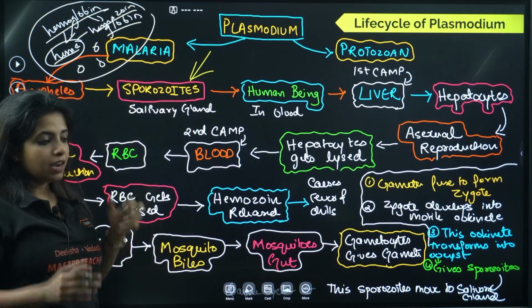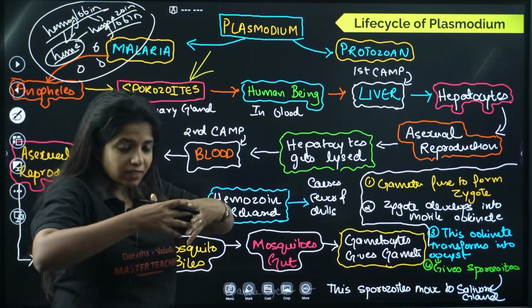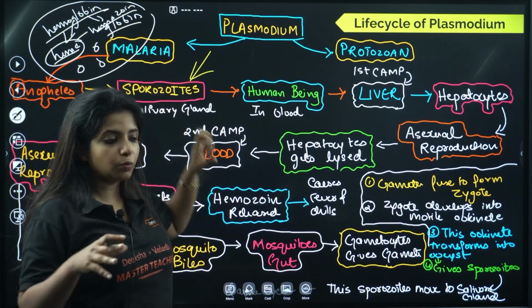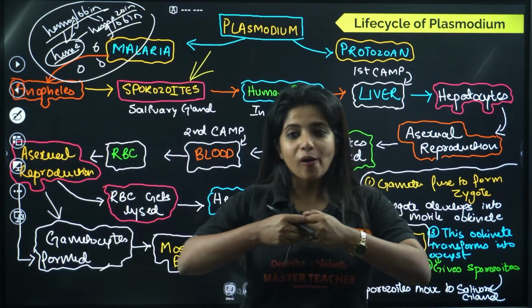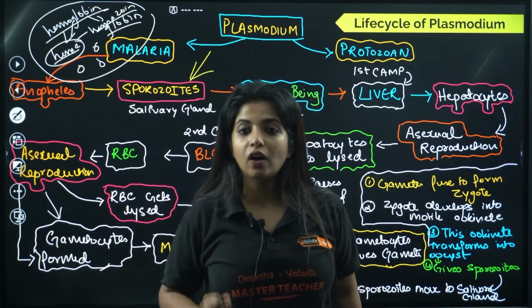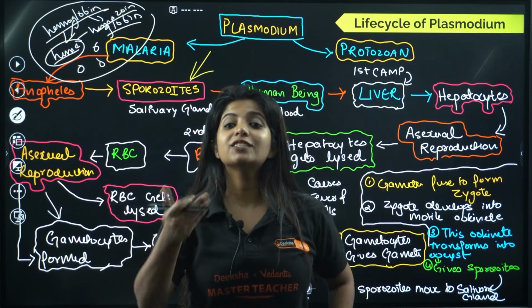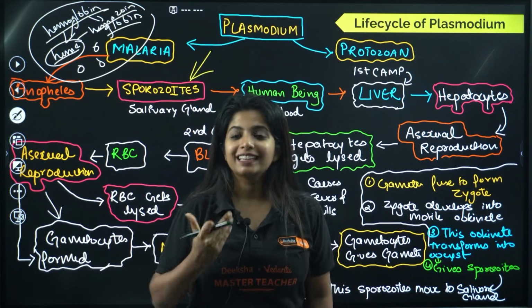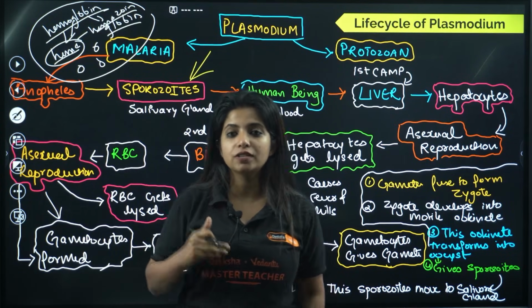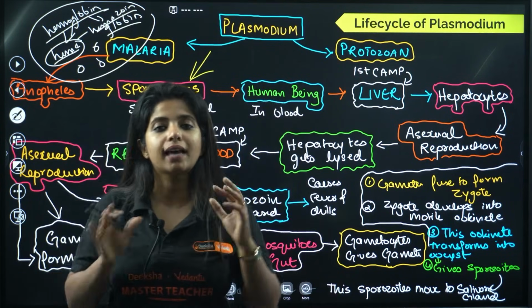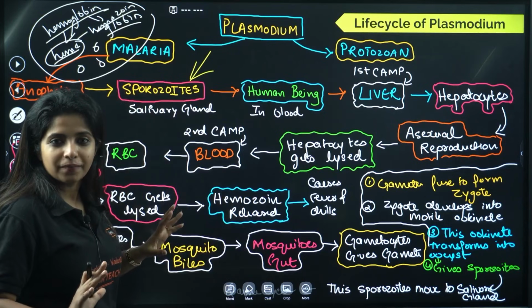Now the problem with this is that when the cell is going to lyse because of this Plasmodium, when they undergo asexual reproduction and produce gametocytes, they also release hemozoin into our blood, and hemozoin is toxic for us. That is why we get what? Fevers and chills. So in malarial patients you will find fever and chills happening because of the same reason.